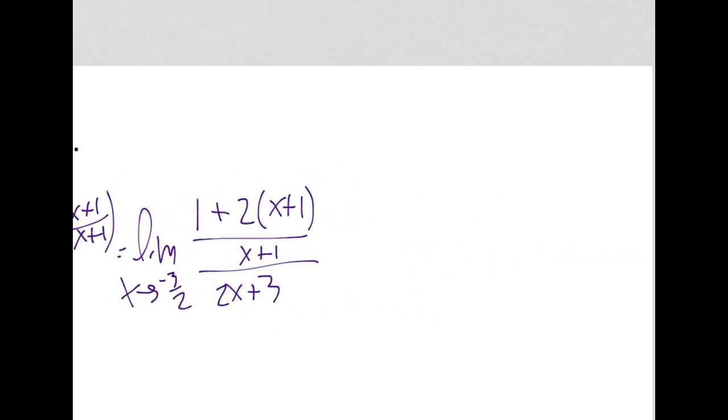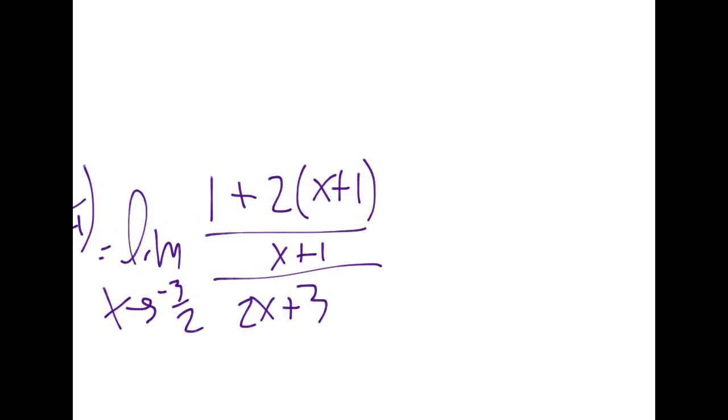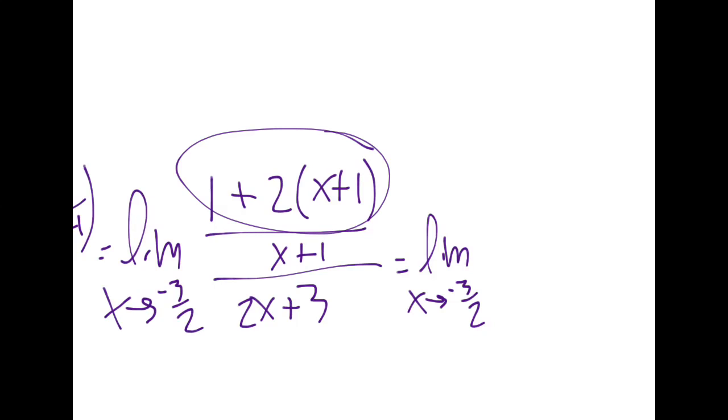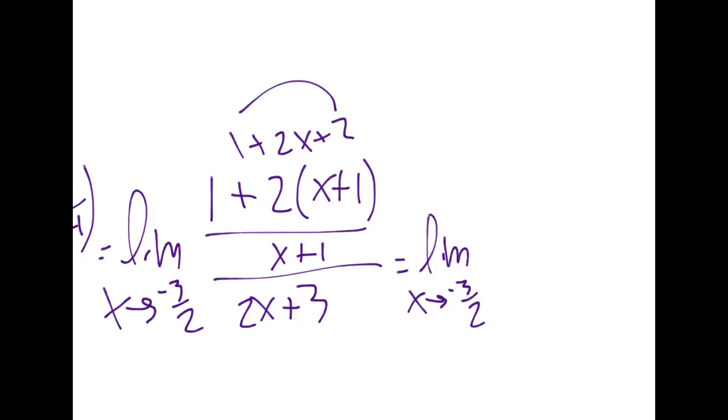And now I need to keep going because I don't yet see anything that can cancel out. But I'm rewriting my limit as x approaches negative 3 halves of, I can simplify that bit right there to, notice if I distribute this out, I'm going to get 2x plus 2, and I still have that plus 1 there. 1 plus 2 is 3, so I get 2x plus 3 over x plus 1 over 2x plus 3.